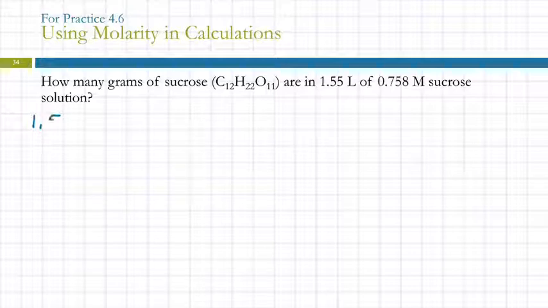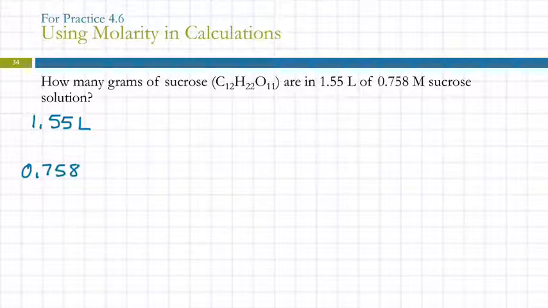So we've got 1.55 liters, and we have 0.758. Instead of mole, capital M, I'm going to write moles over liters. That is a fraction, okay? And so that's what I was given.